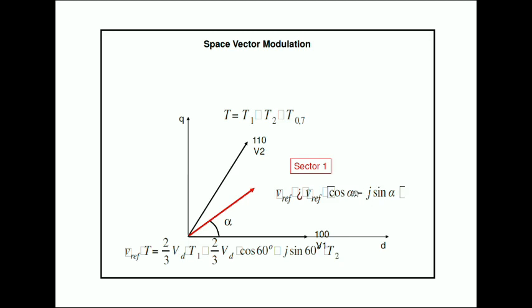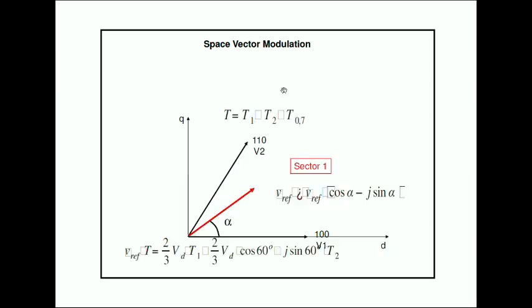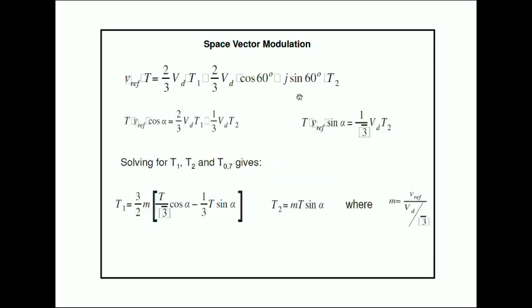If you represent that and equate it with this, you can say that V reference into T is equal to 2 by 3 VD T1 plus 2 by 3 VD into cos 60 minus j sin 60, into T2.